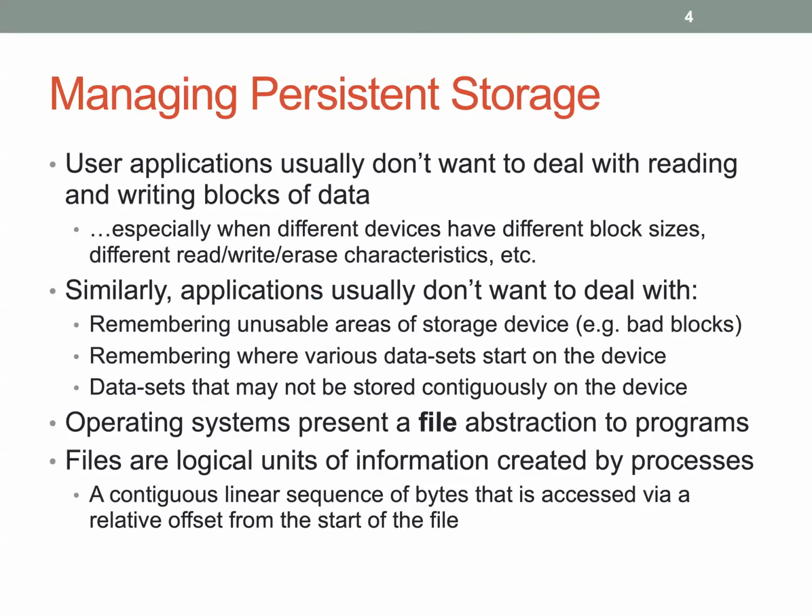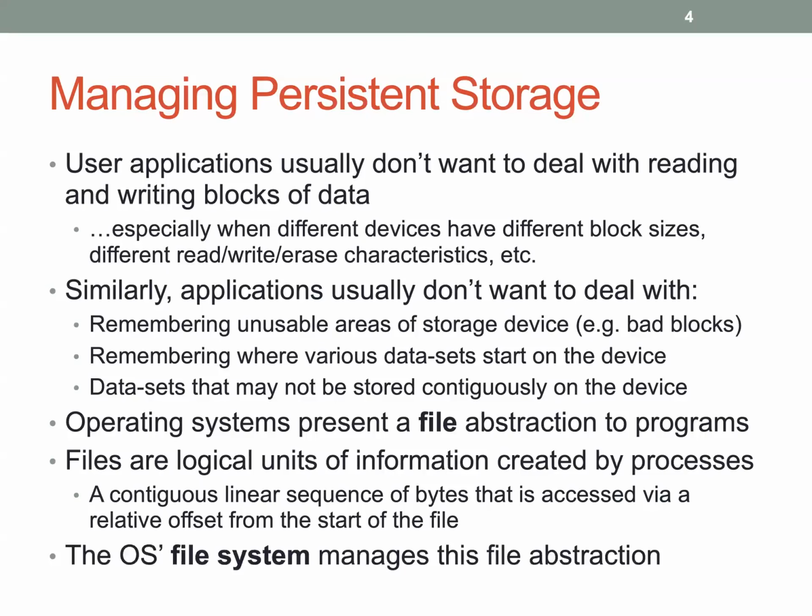Normally, the way that operating systems present this file abstraction is I can read a stream of bytes out of this file until I hit the end of the file. I can extend the file, I can truncate the file, and do various operations on it as well. Okay, so the file system is the part of the operating system that manages and exposes the file abstraction.